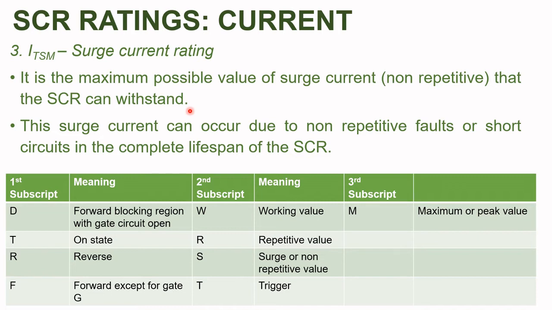Again, I am telling you, all the surge ratings are of non-repetitive type. So whenever the word surge comes in the rating, that means that rating is also of non-repetitive type. If in case any faults occur in the circuit of SCR, then the protection of that particular SCR will come into the picture. But the protective equipment also requires some amount of time for blocking the current.